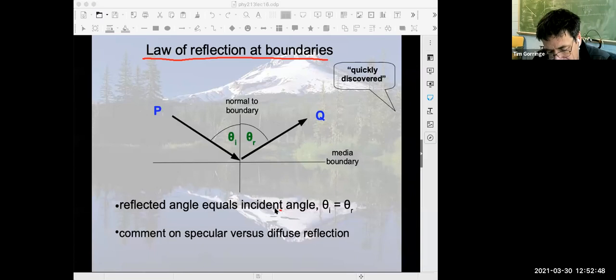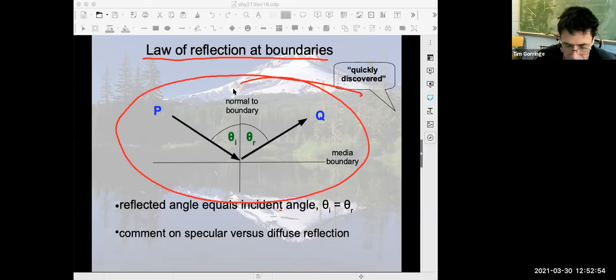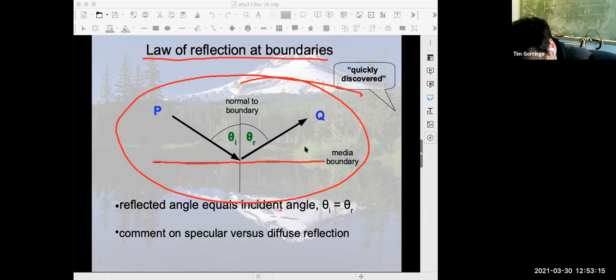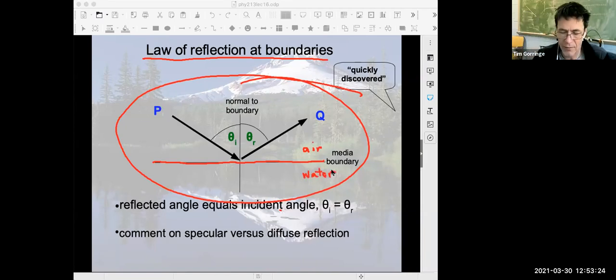So the law of reflection is sketched here. In this sketch, there are a few important things. This horizontal line is the boundary between two different materials, two different optical media. In the case of this picture, this would be air upstairs here, and this would be water downstairs here.